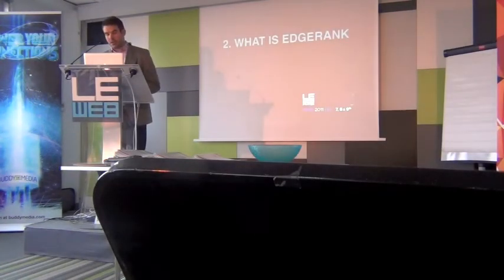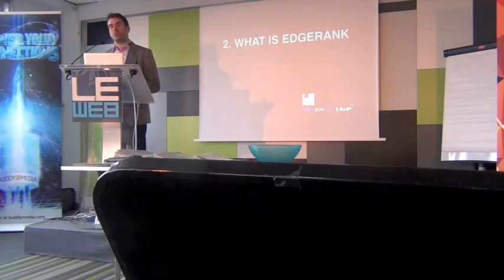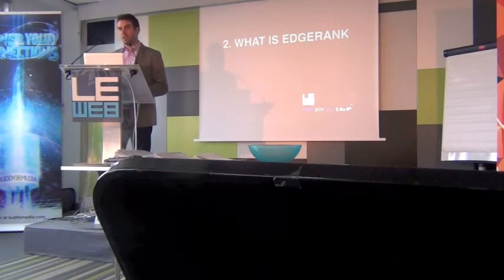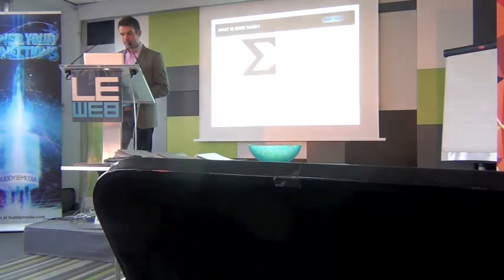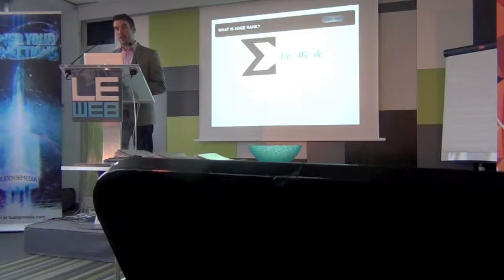So EdgeRank. EdgeRank is something that Facebook use, and as I say, it's how it's determined how you see the content that's posted by your fellow colleagues or friends. Not to blast you with such horrible looking maths first thing in the morning, but this is EdgeRank in a nutshell, and it's split into three main parts.